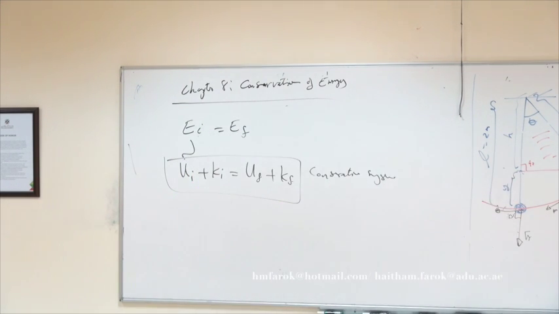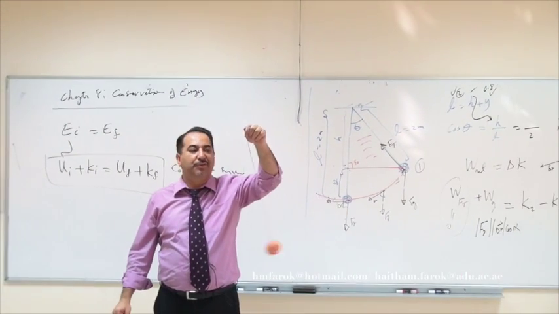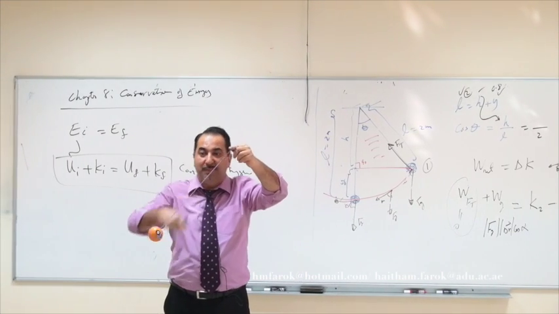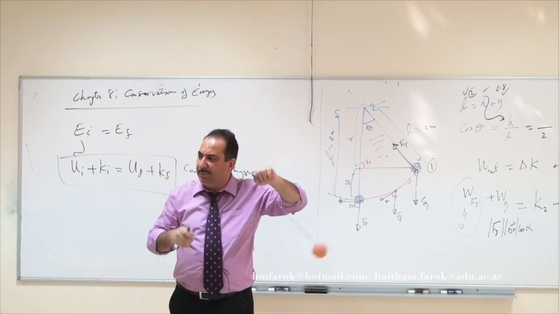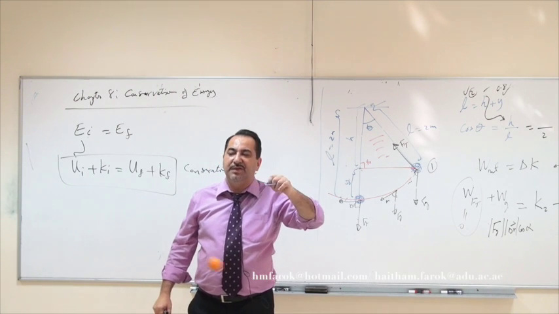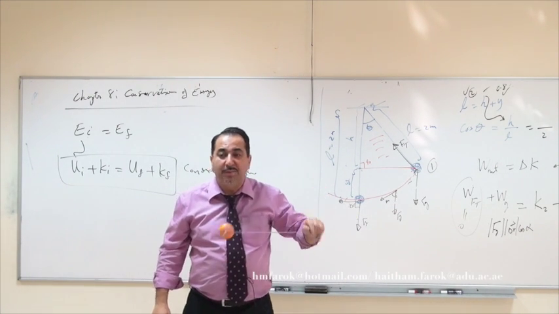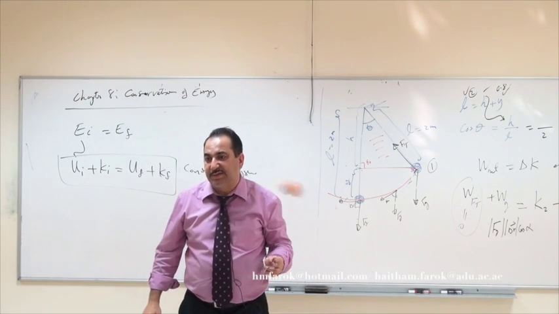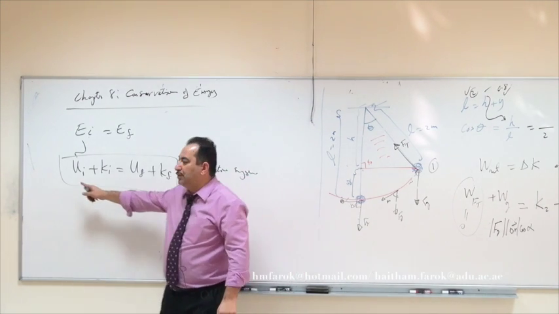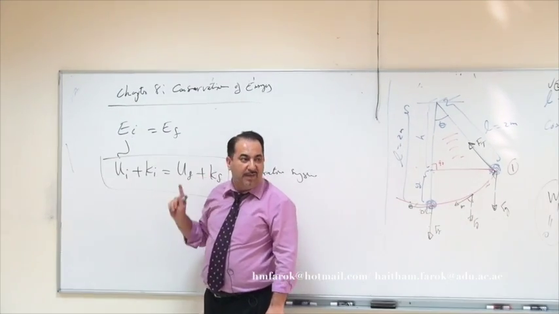Now, the pendulum question. Do we have friction? No. Applied force? No. Ft, remember, its work is 0, yeah? So, is the pendulum system conservative or non-conservative? So from now on, any question of a pendulum is a conservative system, which means your equation is Ui plus Ki equals Uf plus Kf.